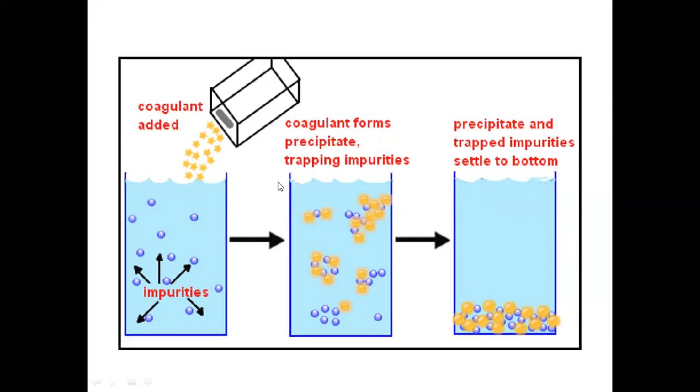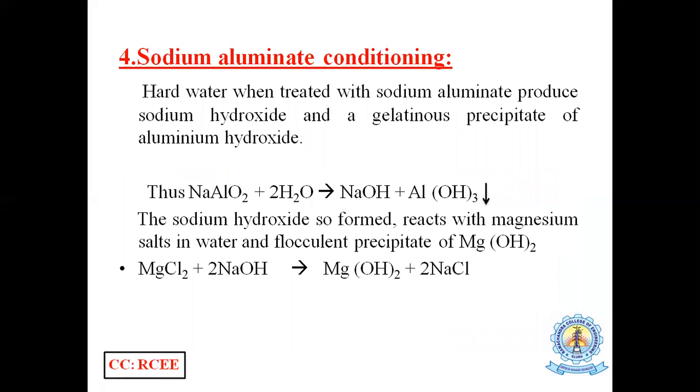Okay, right. And the fourth one is sodium aluminate conditioning. This is also one of the methods to remove the scales present in the boilers. The hardness, when treated with sodium aluminate, produces sodium hydroxide. That means sodium aluminate reacts with water to form sodium hydroxide.